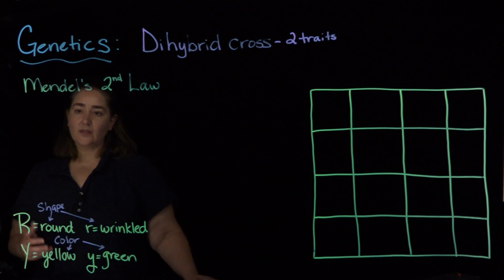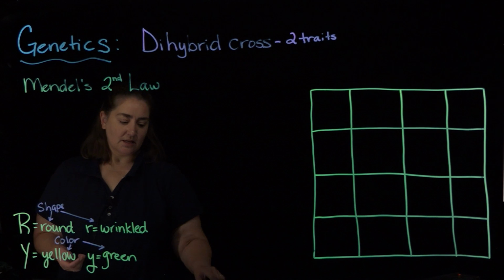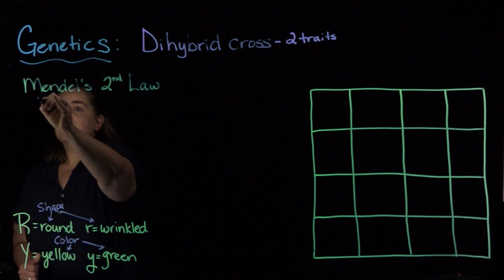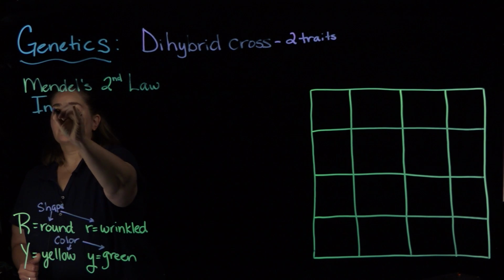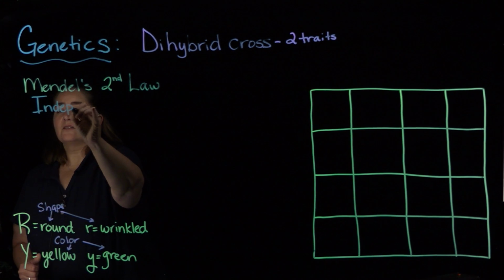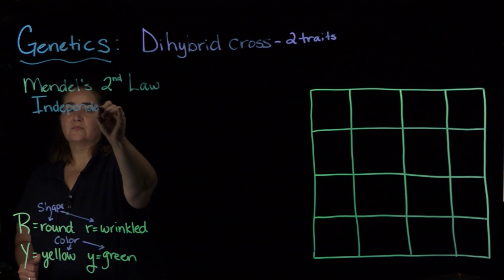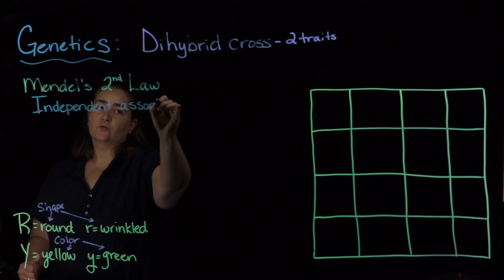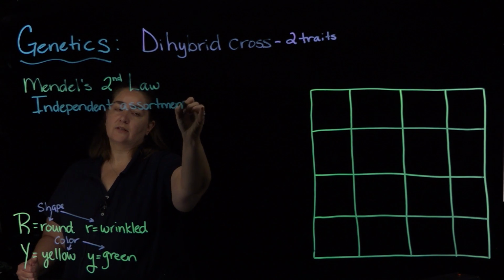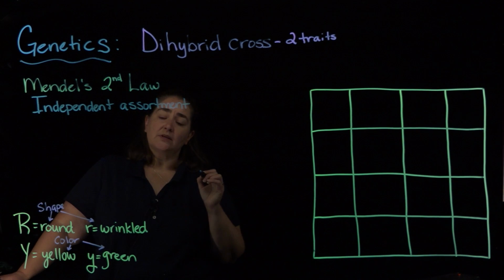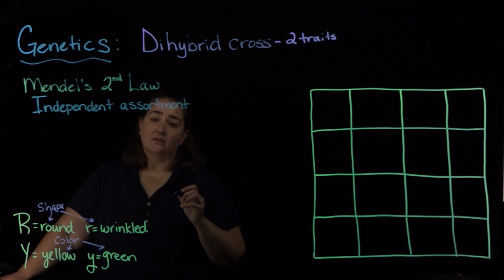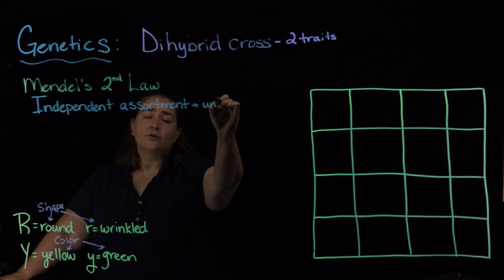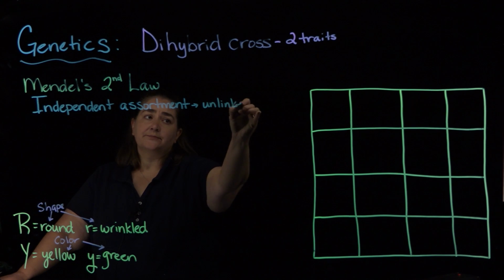What the dihybrid cross is going to explain is Mendel's second law, which covers independent assortment. One thing to keep in mind with Mendel's second law, it only holds true for genes that are unlinked.